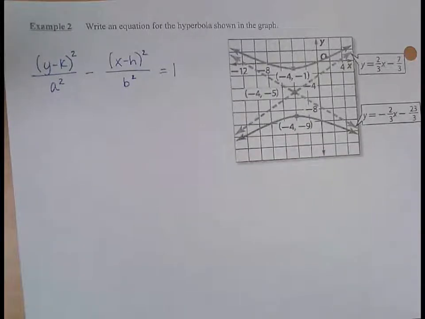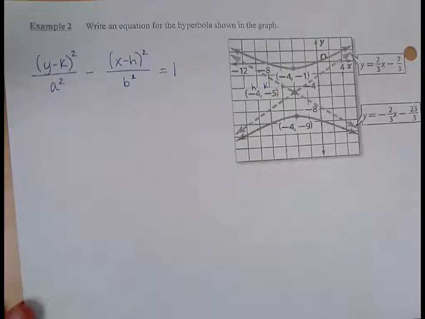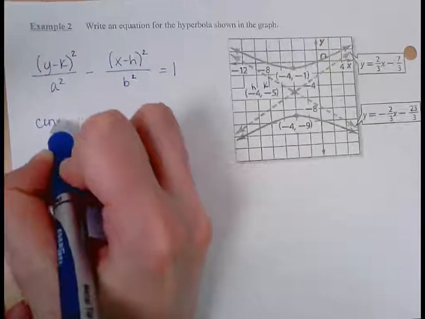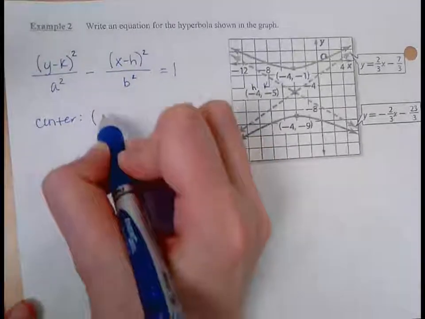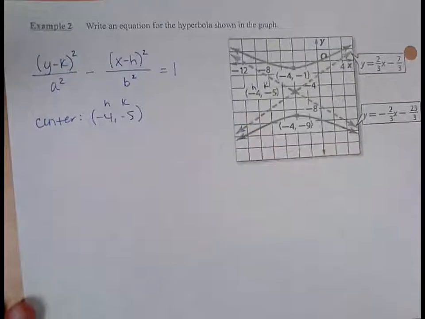We are given on this graph the center, meaning we are given h and k, so we don't have to find those. I know the center is -4, -5, so that's my h and k.